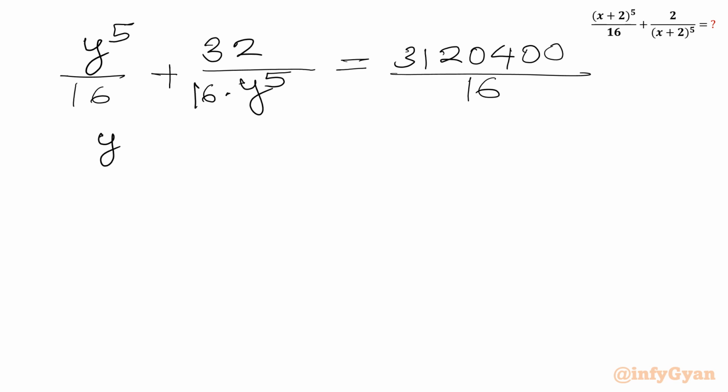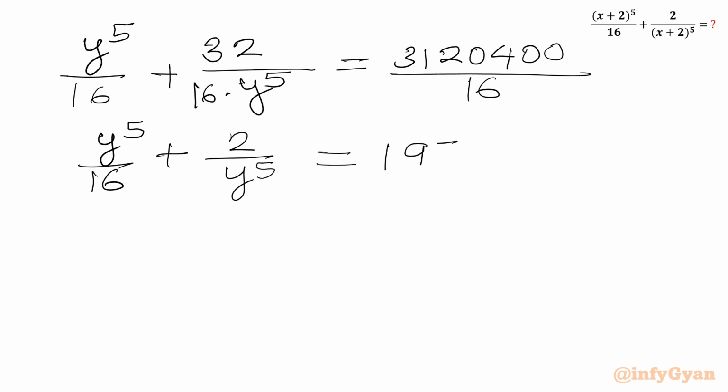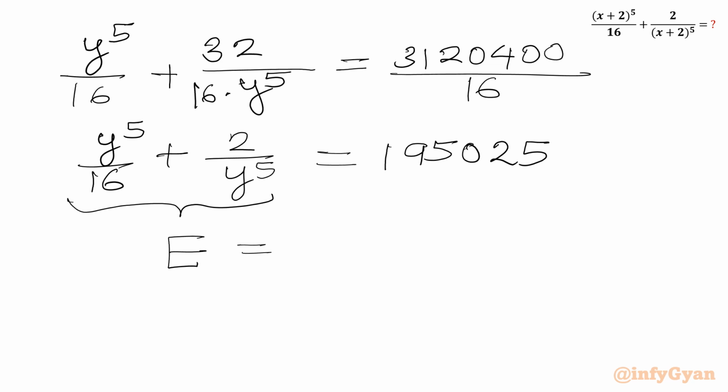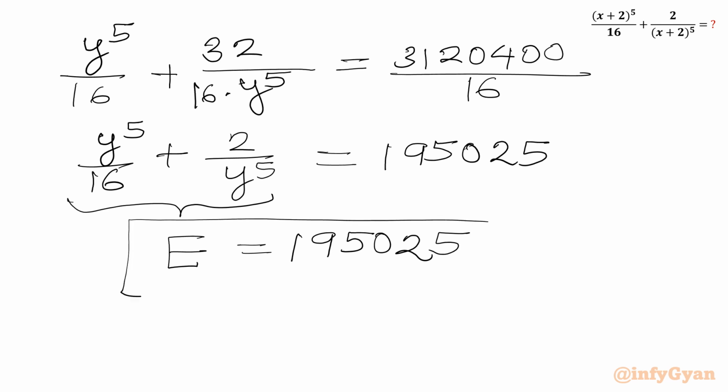So I can write y power 5 over 16 plus 2 over y power 5 equal to, this division will become 195,025, and LHS is our required expression. So our final answer becomes 195,025.